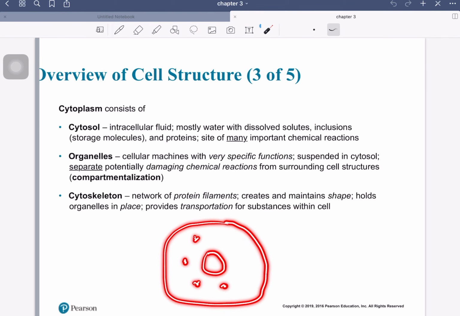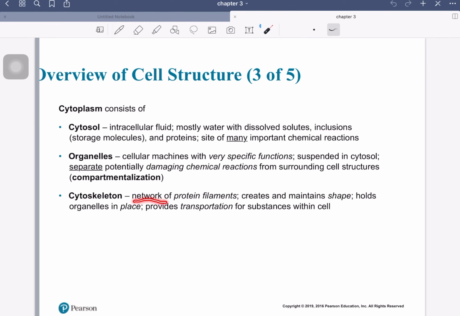But the one thing most books don't highlight is the network of this cytoskeleton that runs throughout the cell. It's a network of protein filaments. It helps to give shape to the cell. It holds many of the organelles in place and actually provides transport for substances within the cell.